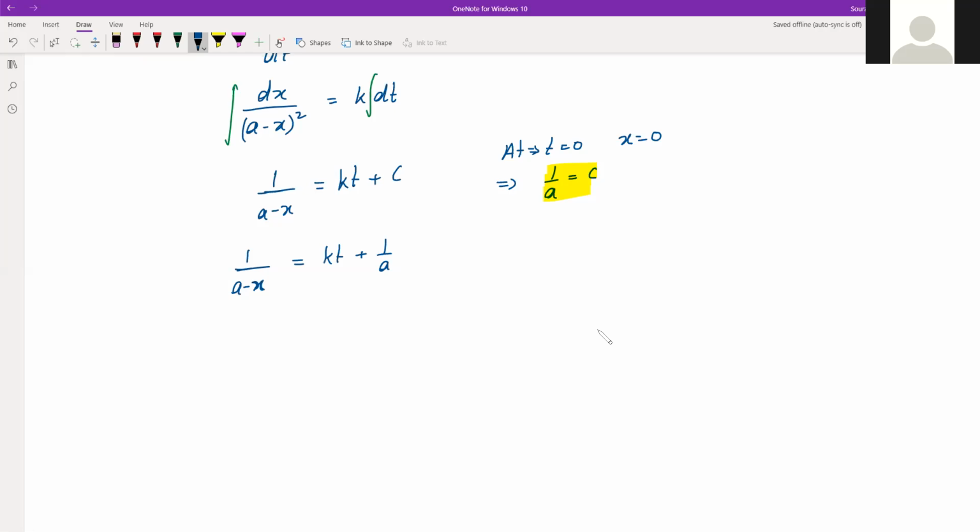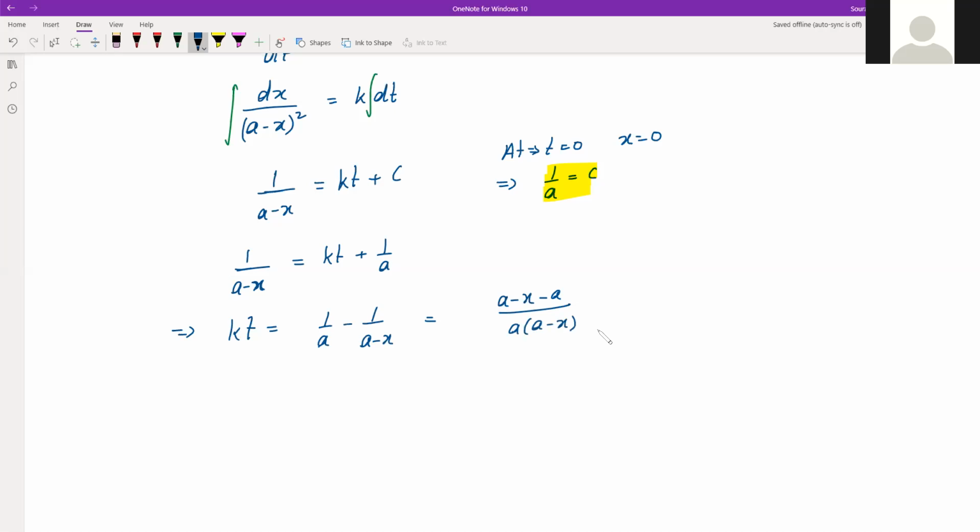Right? So now from this I can say that kt is equal to 1 by a minus x minus 1 by a. And if we simplify that, this is a minus (a minus x) divided by a into a minus x.